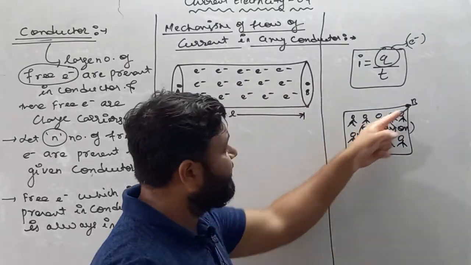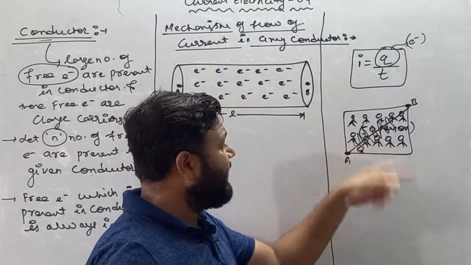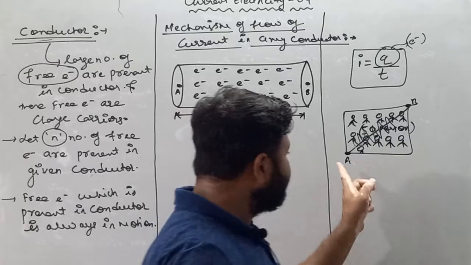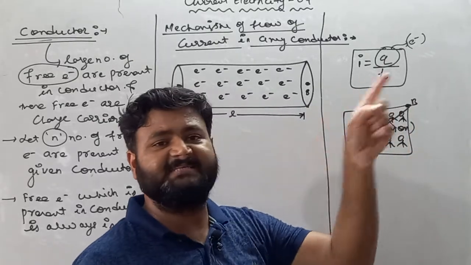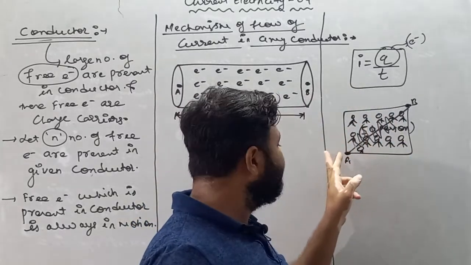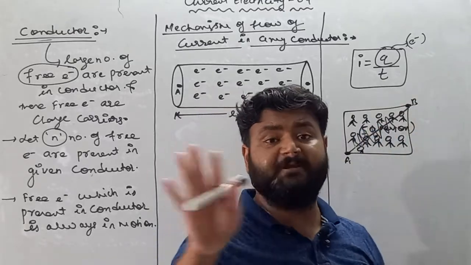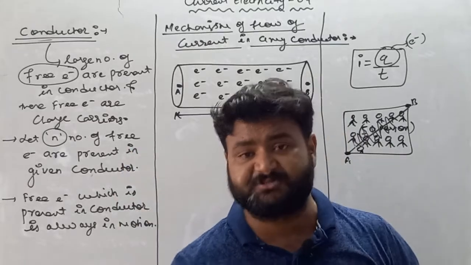So if I am moving from point A to point B, I am colliding with other persons and my velocity continuously changes. So my motion is never a straight line. My motion is always zigzag. Remember, if an overcrowded room is there and we wish to go from point A to point B, then my motion is never a straight line. It is impossible to create motion in a straight line.